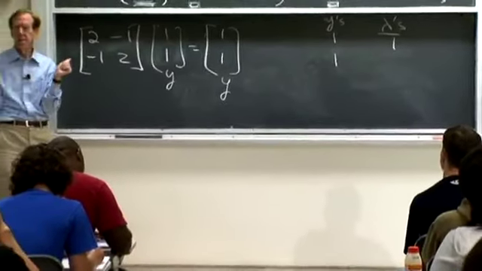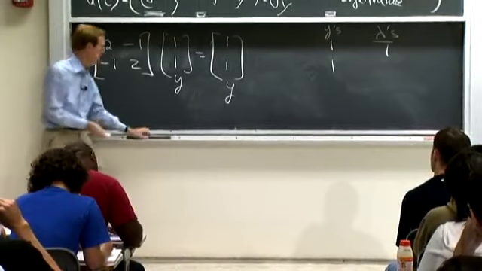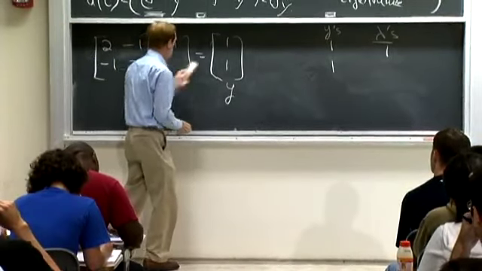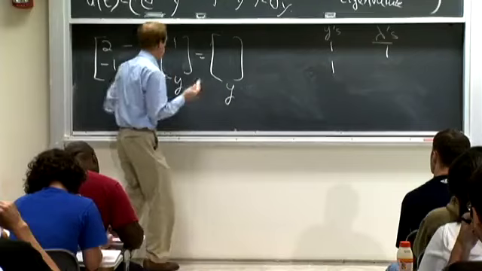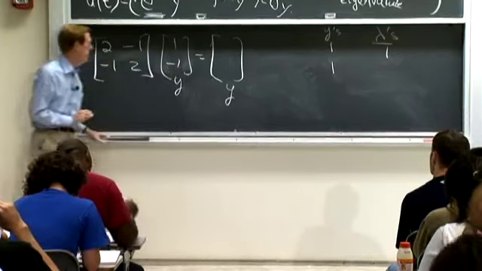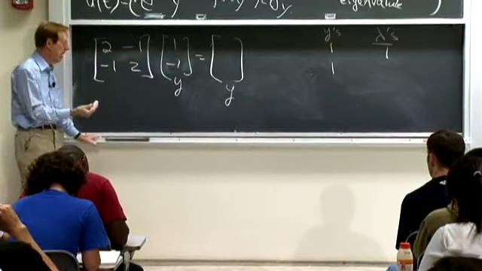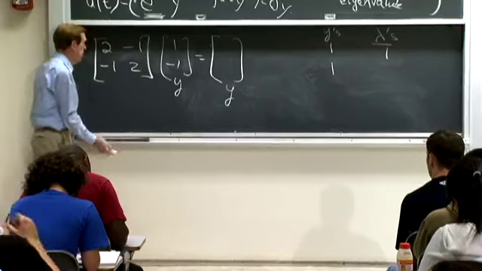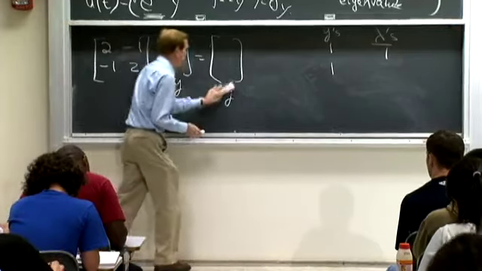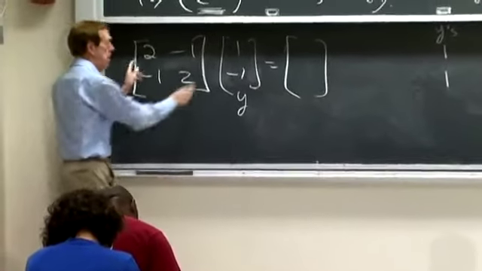Would you like to guess the other one? I'm only looking for 2 because it's a 2 by 2 matrix. I hope you'll come up with another one. 1, -1 is certainly worth a try. Let's test it. If it's an eigenvector, then it should come out in the same direction. What do I get when I do that multiplication?